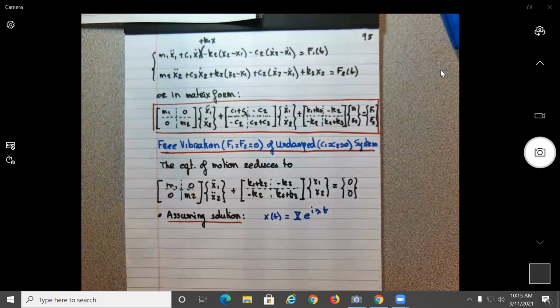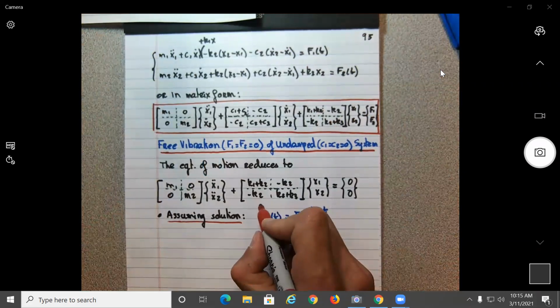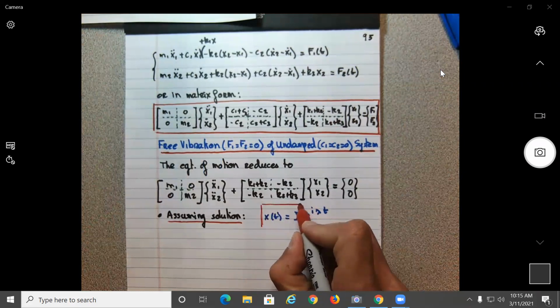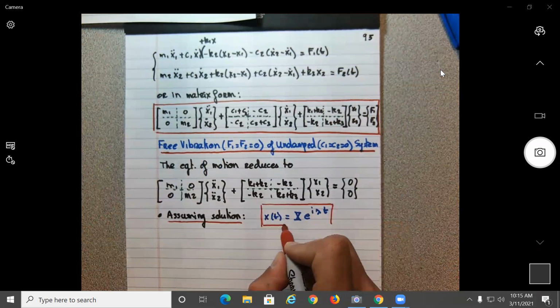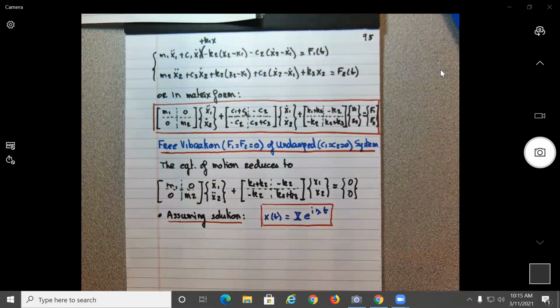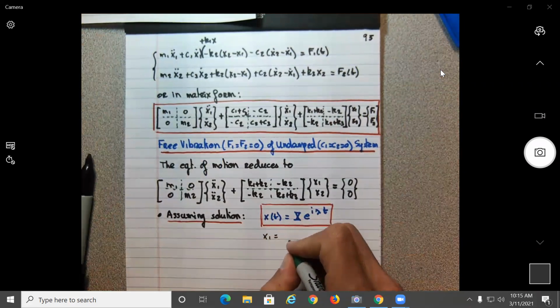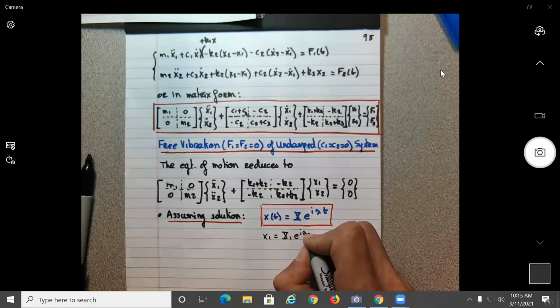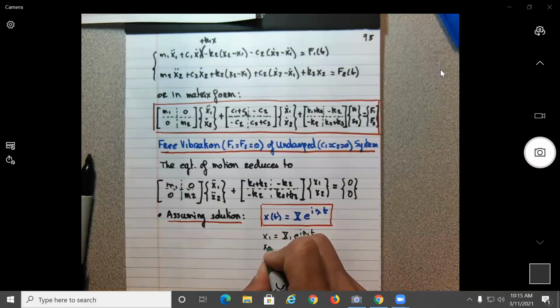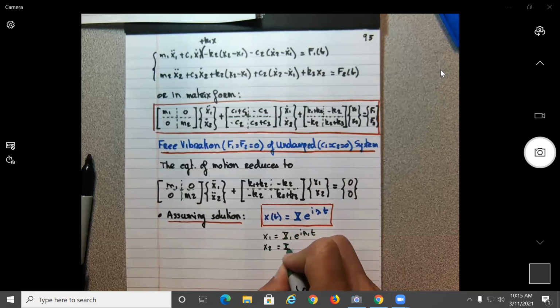All right, so this equation actually implies what? That we are really having two solutions, x1 equal to capital X1 e to the i lambda 1 t, and x2 equal to capital X2 e to the i lambda 2 t, no?